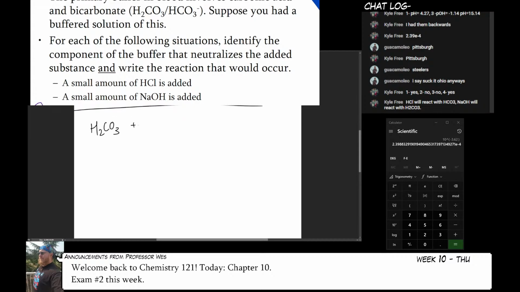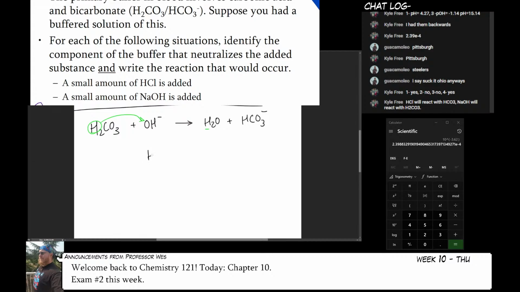If I react this with hydroxide, which would be a strong base, I would produce H2O and bicarbonate, because I would take one of the H's off of here, put it there, and then it ends up there. So this bicarbonate carbonic acid buffer will react with hydroxide and reduce its effects on pH.